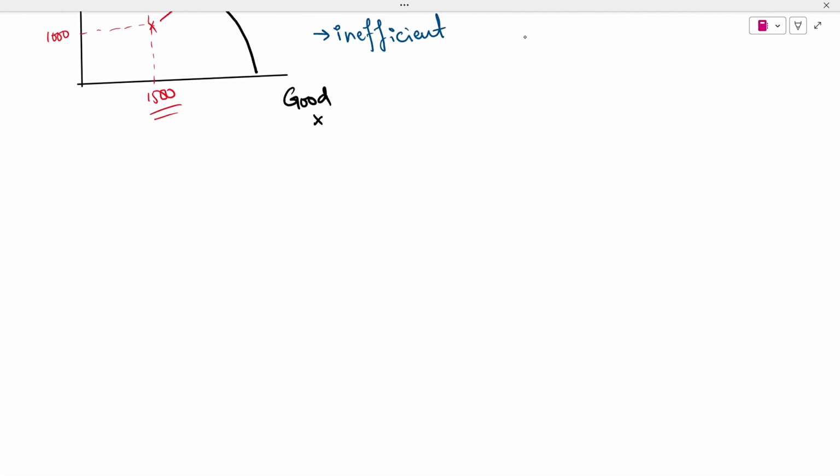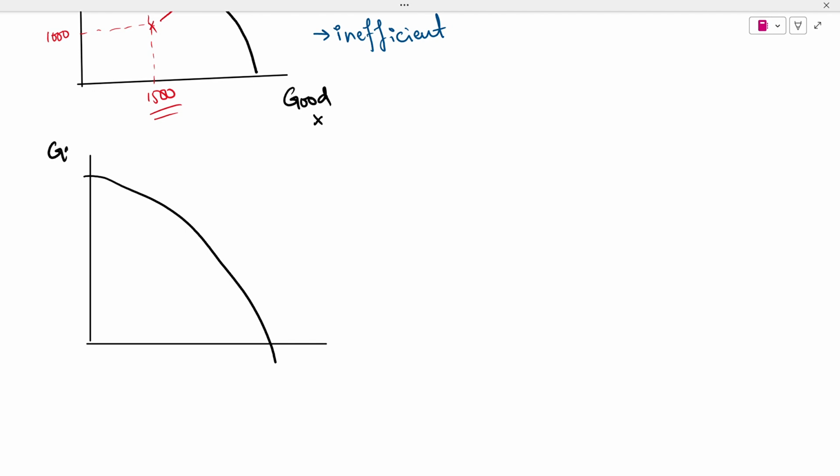Furthermore, let's suppose we have a point that is on the PPC. I have good Y and good X on the axis.